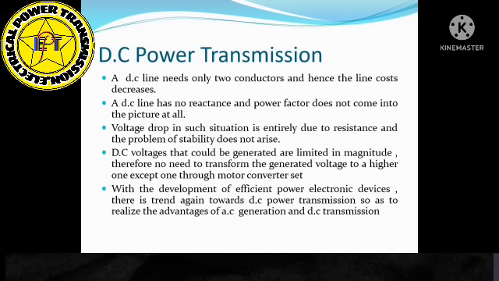So number two is that DC line has no reactance, because you know inductive reactance XL is equal to 2 pi FL. Since there is no frequency, F is equal to 0 in DC transmission, so there will be no reactance. When no reactance, the impedance is simply Z equals R, because when we are talking about impedance in AC power system, Z is equal to square root of R square plus XL square.